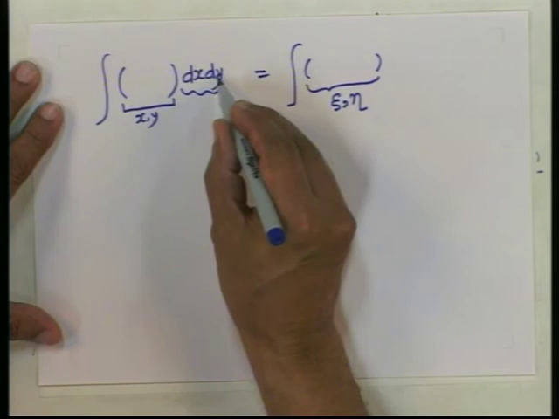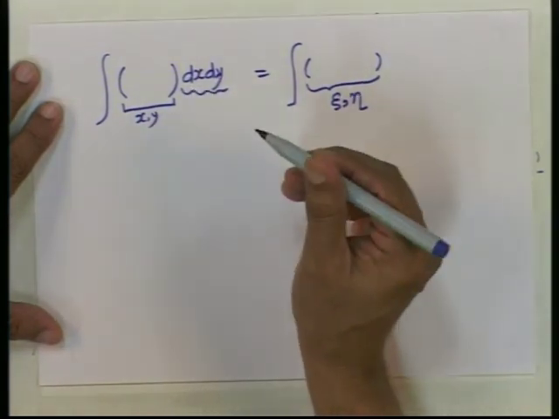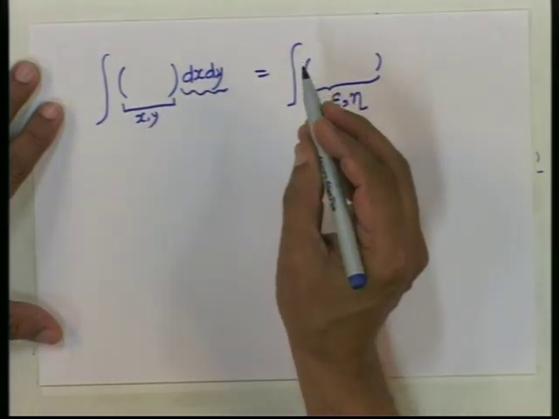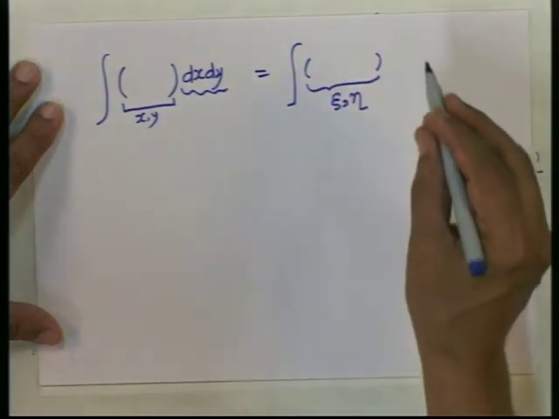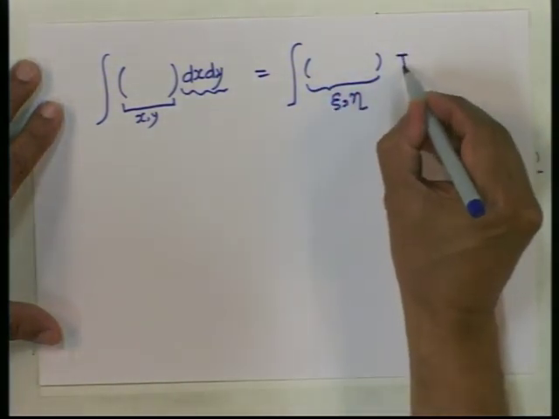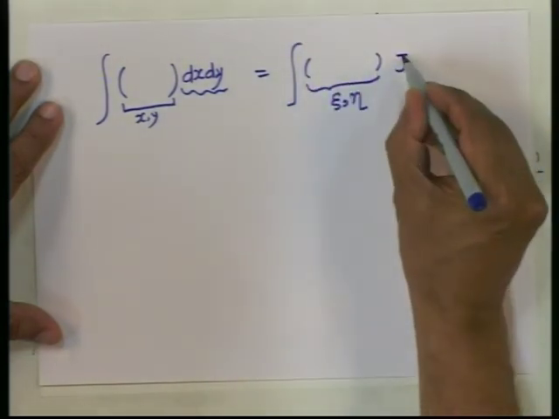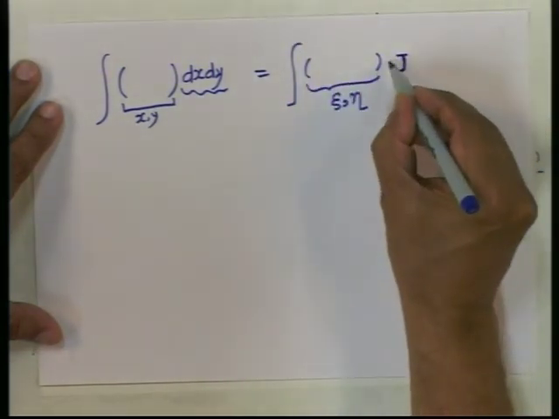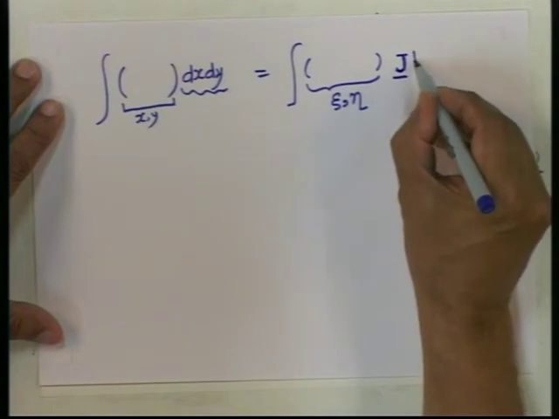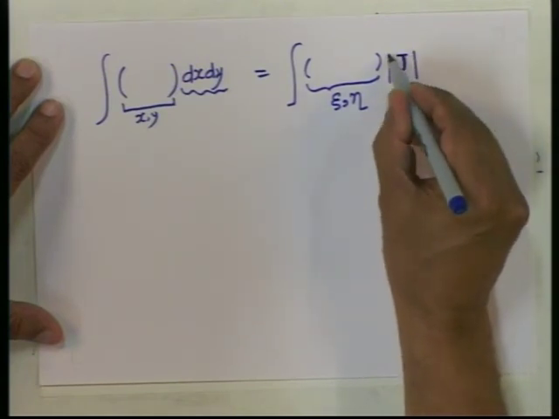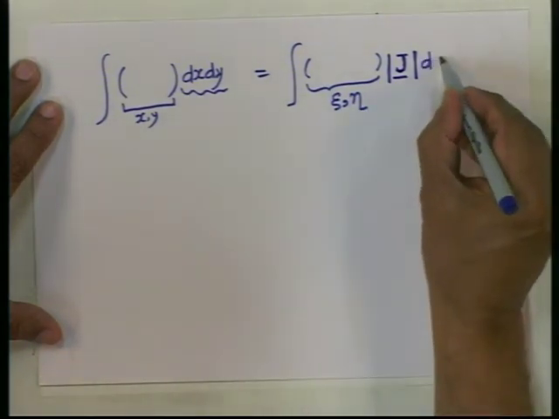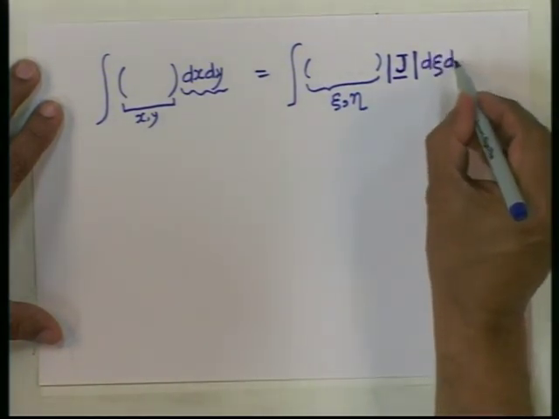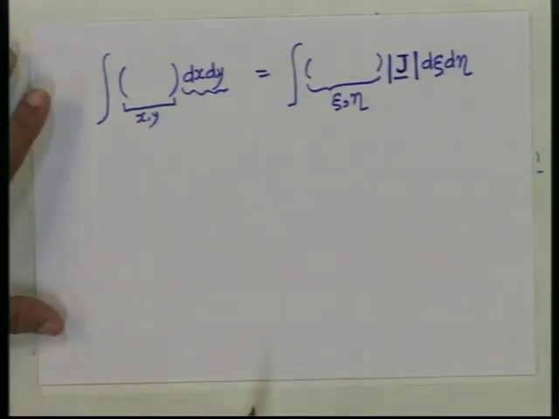Then this is the area, dx dy is a small area in the real physical system. Now you will see that when you do this transformation, that is what is given in that chapter. It can be transformed, then there will be a J coming, determinant of J times d psi d eta.